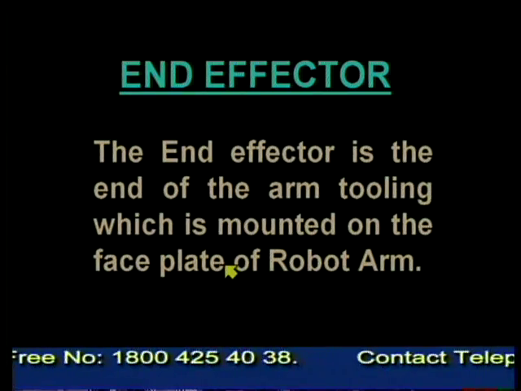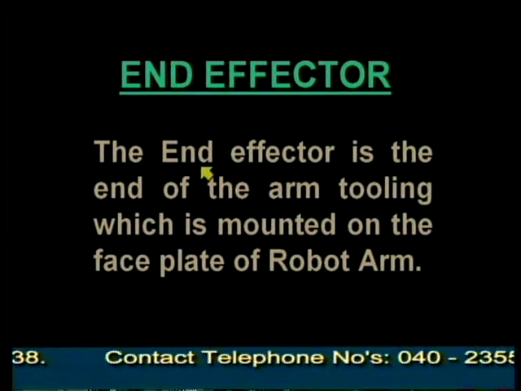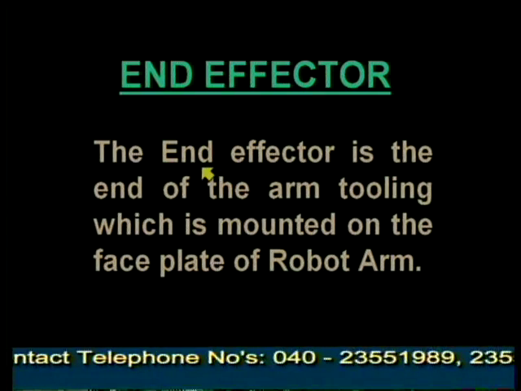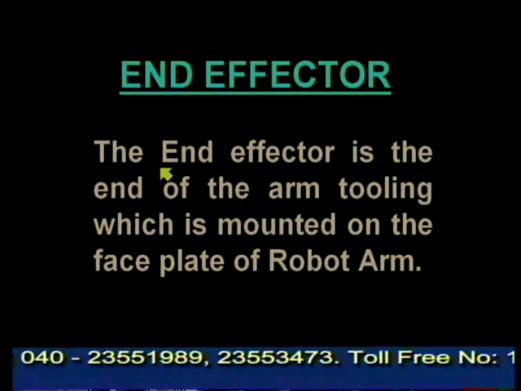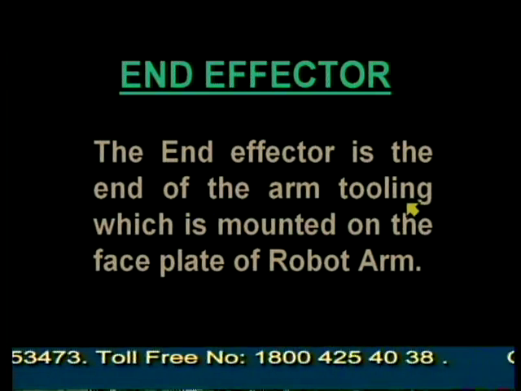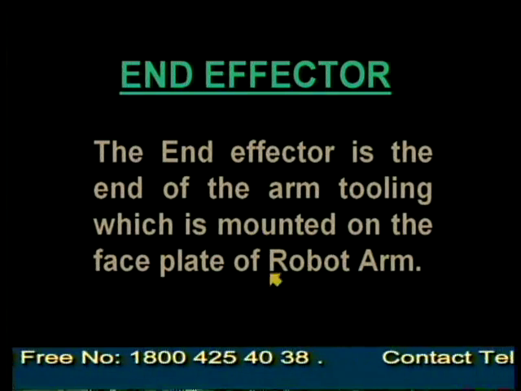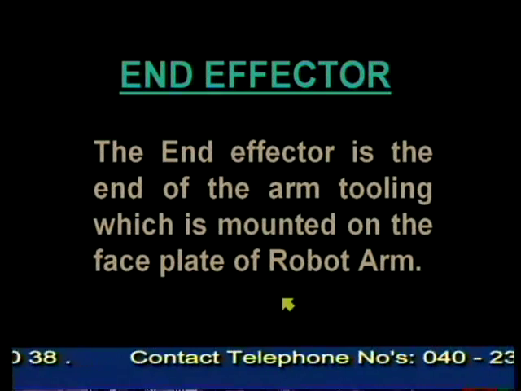Now, let us know the end effector. The end effector is also one of the important elements of an industrial robot. So, let us see the definition. The end effector is the end of the arm tooling which is mounted on the face plate of the robot arm.